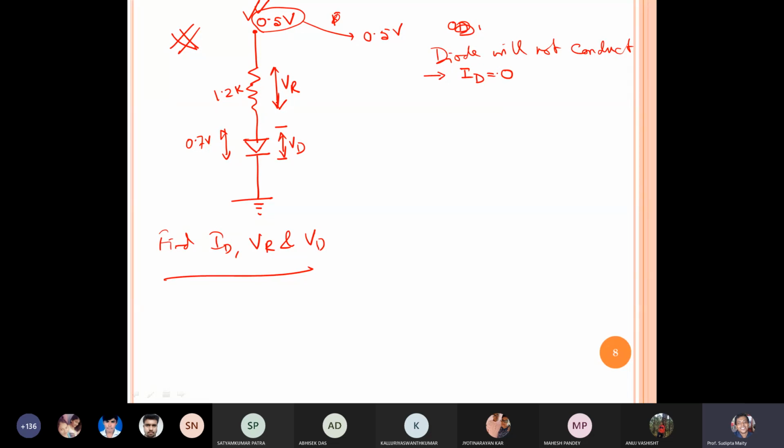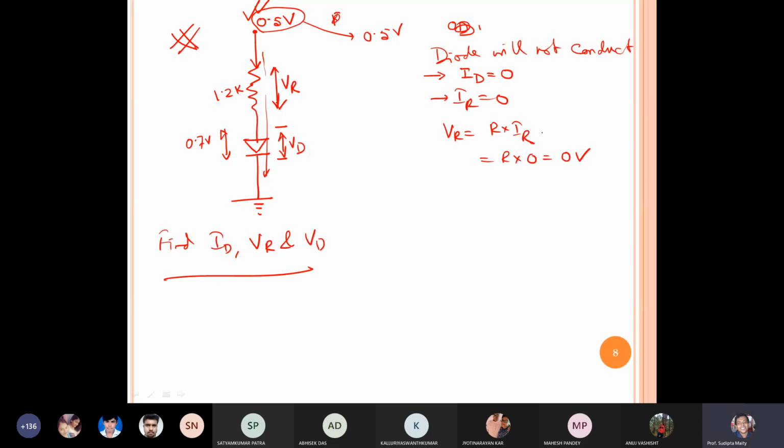So current through the resistance will be 0. Current through the diode will be 0. So current through the resistance, that means IR, has to be 0, because the same current will pass through this line. ID is 0, so IR equals 0. VR is nothing but R into IR, R into 0, which means 0 voltage.